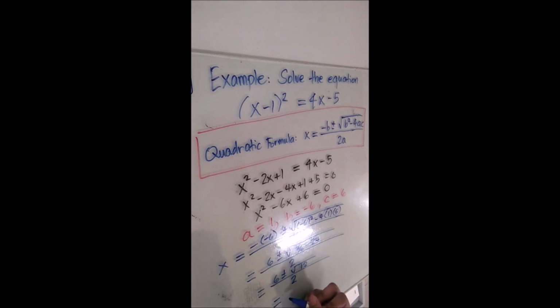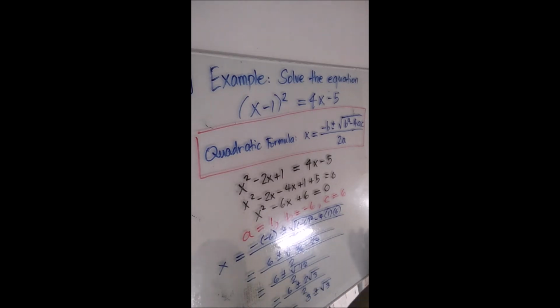So we have 6 plus or minus the square root of 12, which can be written as 4 times 3, or it is just 2 square root of 3, over 2. We distribute the 2. Since this is a monomial in the denominator, you distribute, so we have 6 over 2 is 3 plus or minus 2 over 2 is 1, so we have square root of 3.